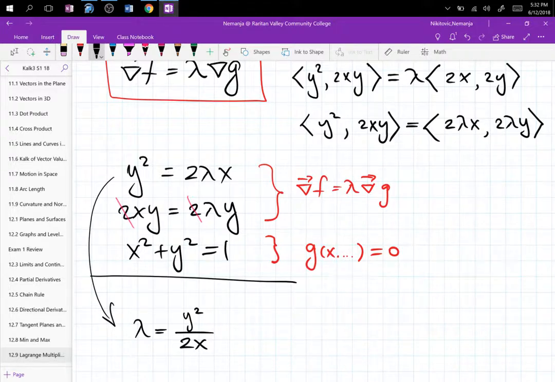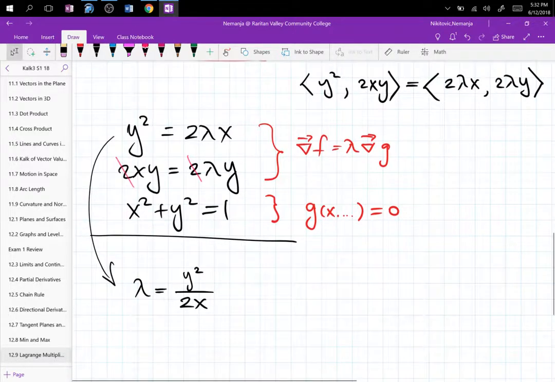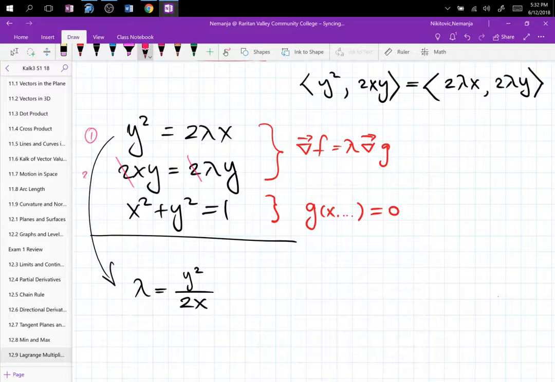I'm not canceling any x's. Now, I am saying with this statement that x is not supposed to be 0, but once I plug that in for the other lambda in equation 2, maybe I should label these equations as equation 1, equation 2, and equation 3.